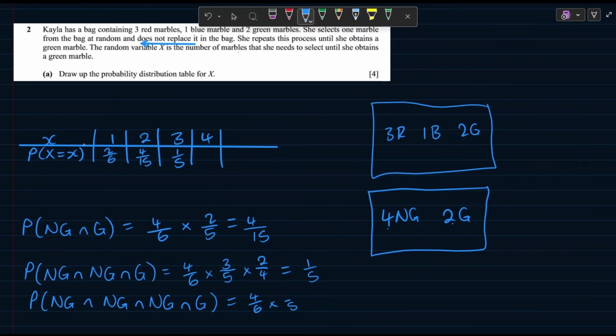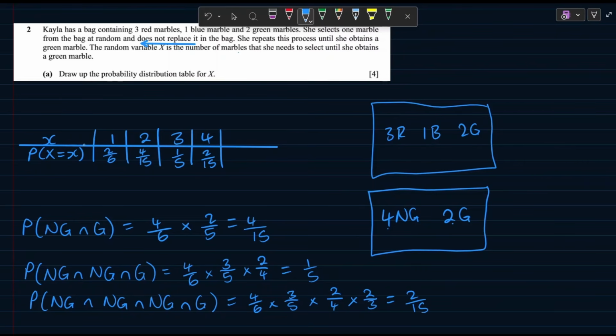We're now left with 5 marbles and only 3 of those are not green. Then now we're left with 4 and only 2 of those are not green. And now we want to pick a green, but we're left with 3 and only 2 are green. So that's going to be 4 over 6 times 3 over 5 times 2 over 4 times 2 over 3, which is 2 over 15.